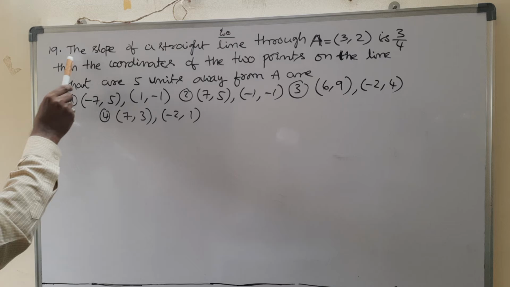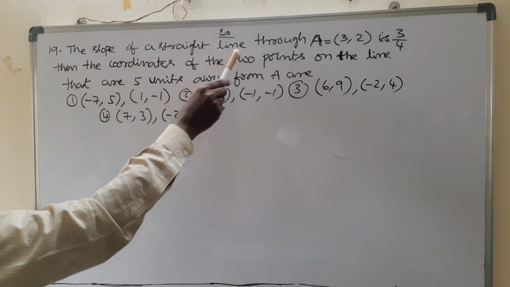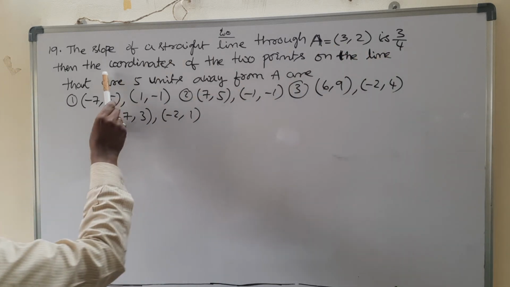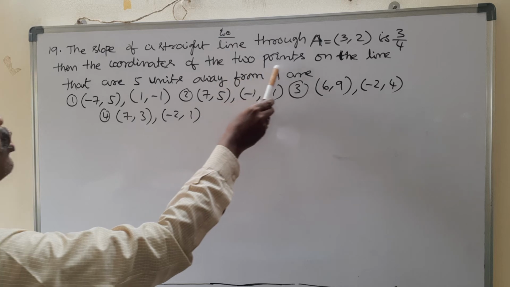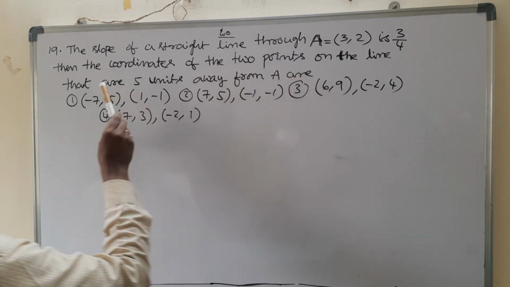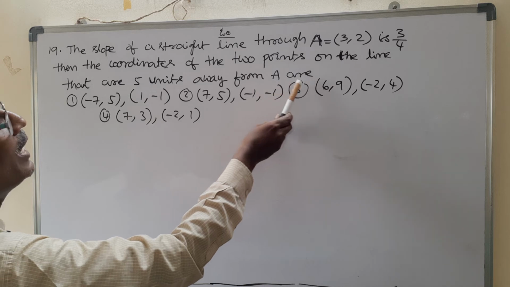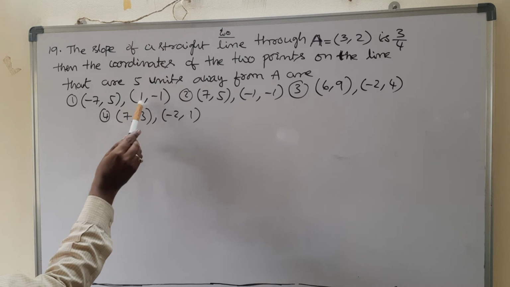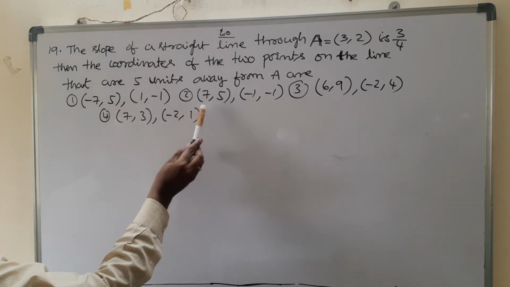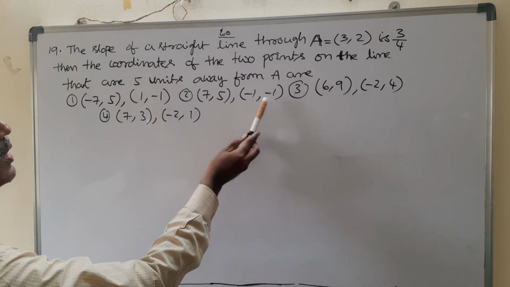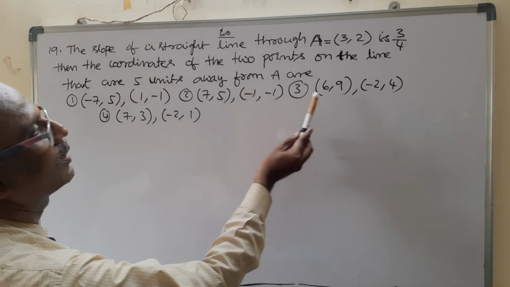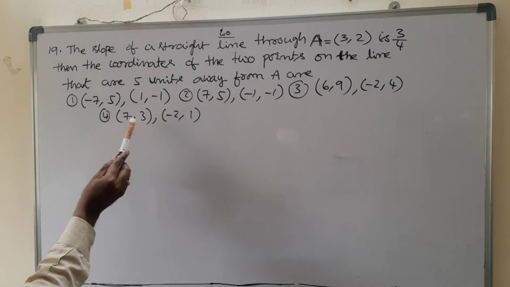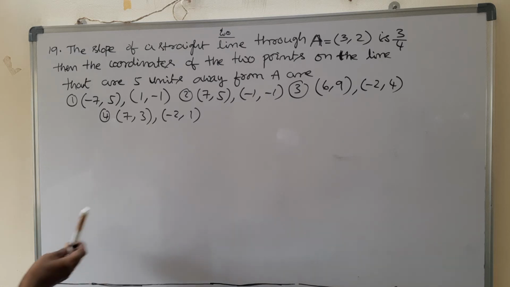Question number 19. The slope of a straight line through A equal to 3 comma 2 is 3 by 4. Then the coordinates of the 2 points on the line that are 5 units away from A are: first option, minus 7 comma 5 and 1 comma minus 1; second option, 7 comma 5 and minus 1 comma minus 1; third option, 6 comma 9 and minus 2 comma 4; fourth option, 7 comma 3 and minus 2 comma 1.